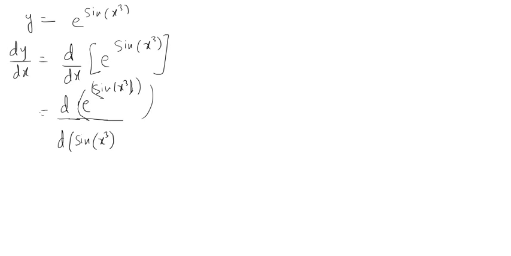Now this is d of e to the power something by d of that thing. Now obviously I will have to multiply by d of sine of x cube and divide by dx.